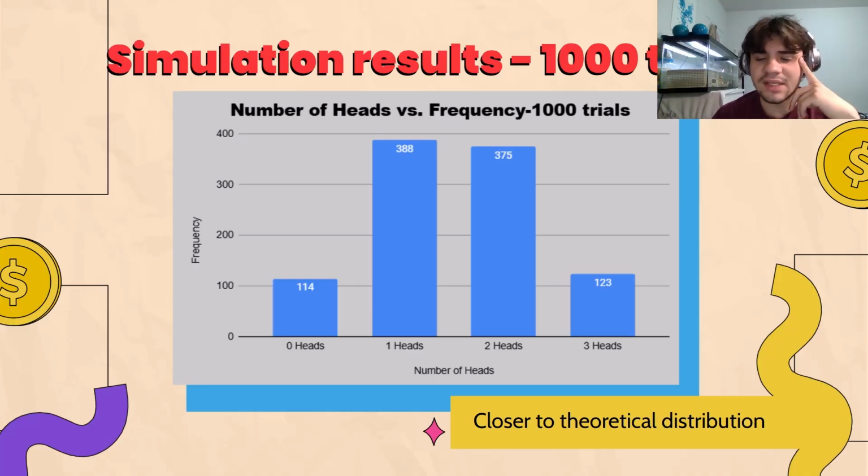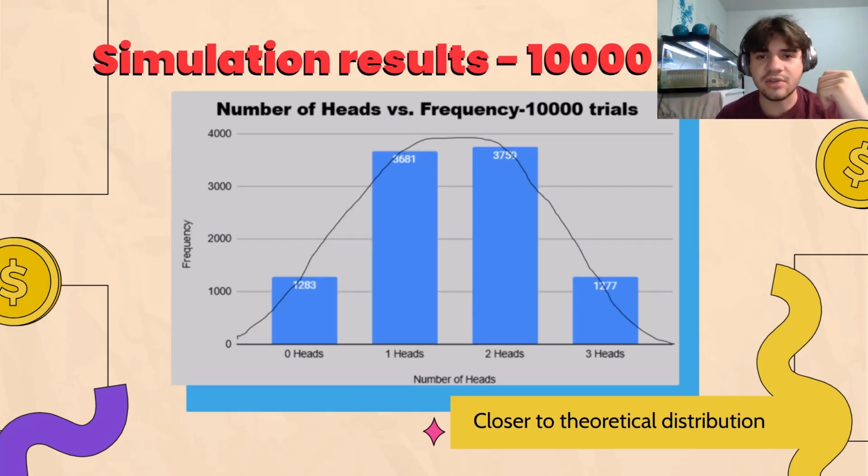I just want to show one more trial which I made, and I'm using it to explain what the 10, 100, 1,000 trials mean, because this is closer to the theoretical probability, even closer than the 1,000 trial.